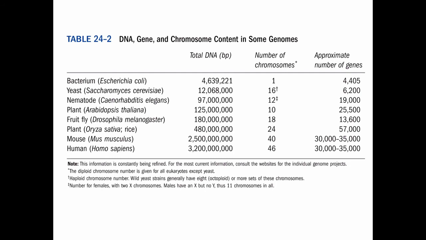However, as the complexity of organisms increases, so we have worms, plants, fruit flies, another type of plant, mice, and humans, there is an increased number of genes, but that increased number of genes levels out somewhere around 30,000 to 50,000.